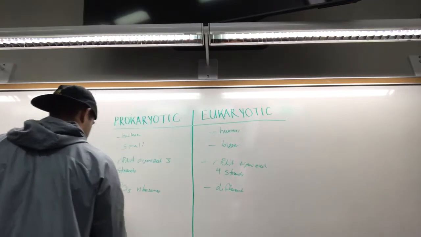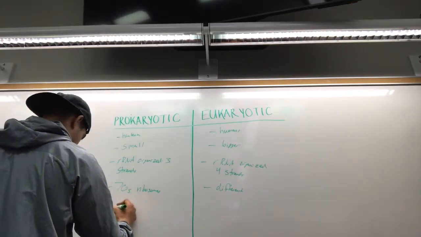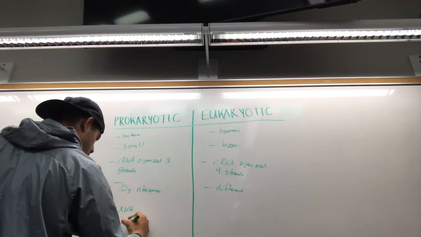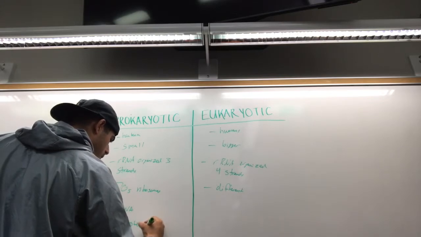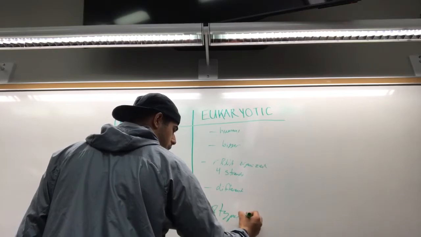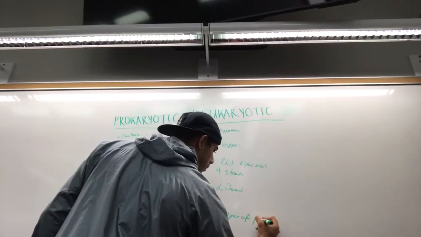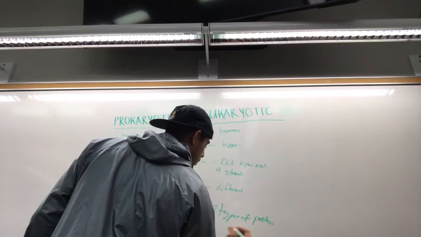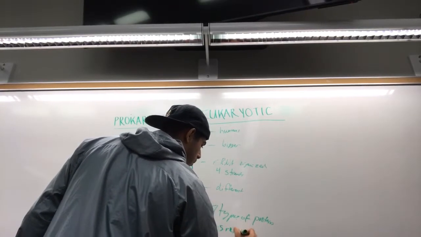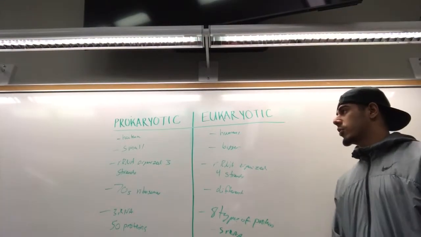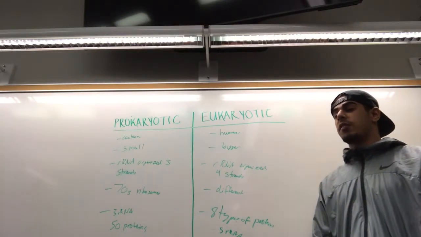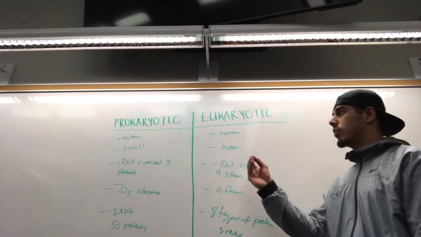Lastly, we'll be talking about prokaryotic cells having 3 types of rRNAs and 50 types of proteins. But eukaryotic cells only have 8 types of proteins and 5 types of rRNA. So this chart explains prokaryotic cells and eukaryotic cells comparing the ribosomes, but let's not forget that the nucleolus does not exist in prokaryotic cells.